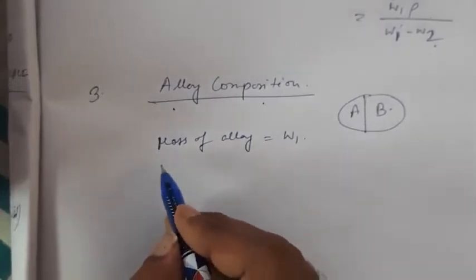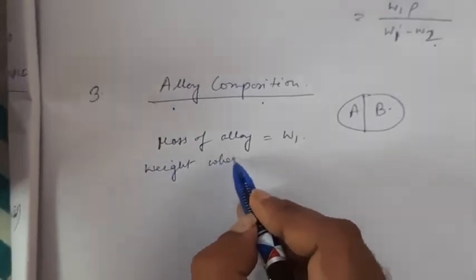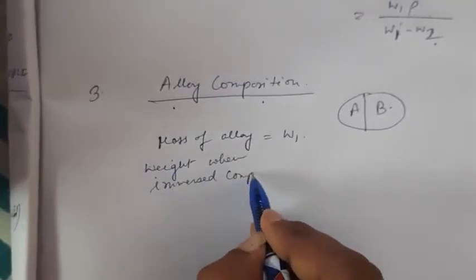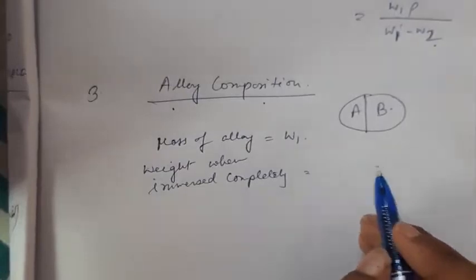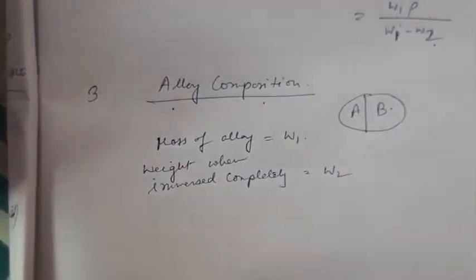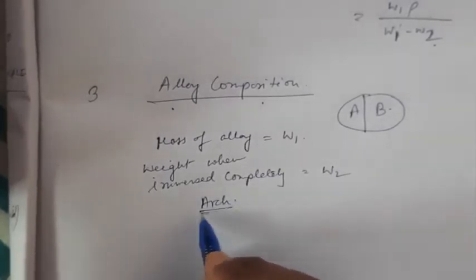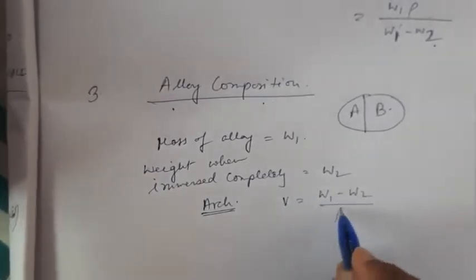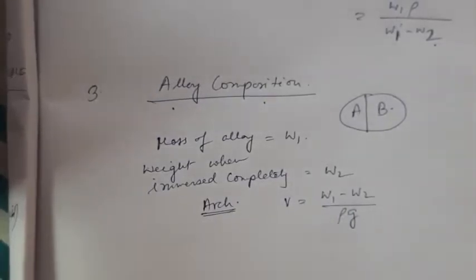We write the weight when immersed completely in water as W2. Now according to Archimedes principle, we get V is equal to (W1 minus W2) by rho g. This we had already found out in the first point.